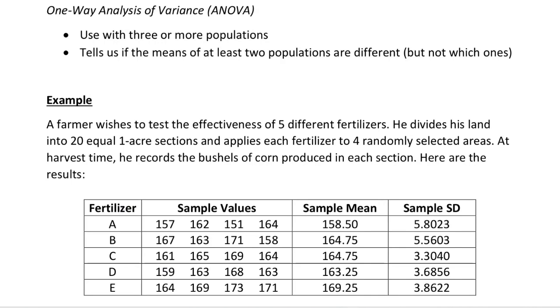Now, what this test does is it simply tells us if the means of at least 2 of the populations are statistically significantly different from one another. It could be that one population is significantly different from the others. It could be that multiple populations are significantly different from each other. So we don't get a lot of detail from this. We just know that there either is or is not at least one difference in those populations.